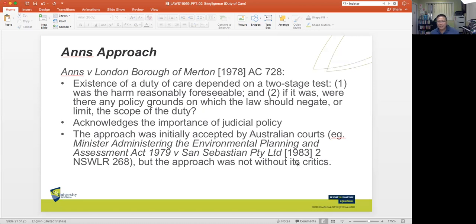So when you examine the case of Anns versus London Borough of Merton, the court was saying that you would oftentimes have to consider policy grounds on which the law should negate or limit the scope of the duty.